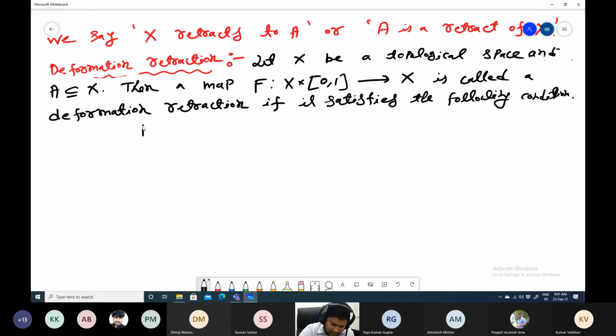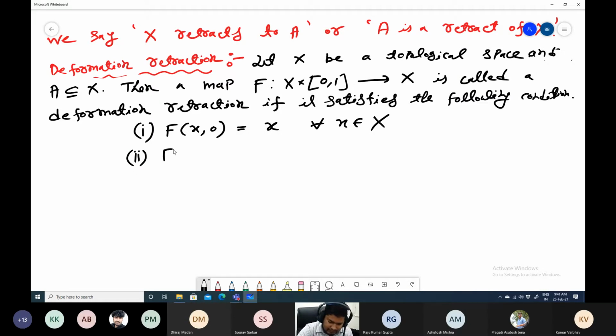Now first of all, at time 0, the map will be identity. That means F of x comma 0 will be just x for all x belonging to X. And at t equal to 1, the map will be a retraction.